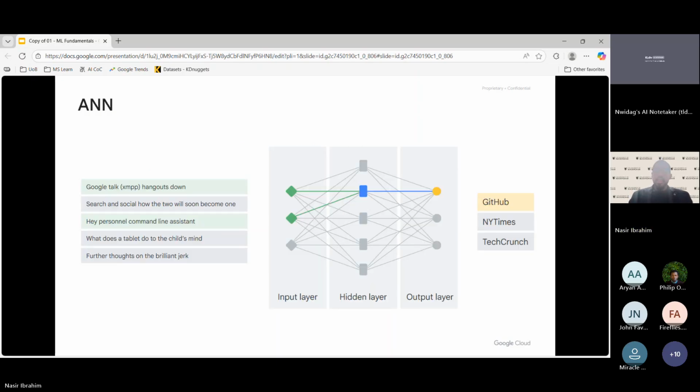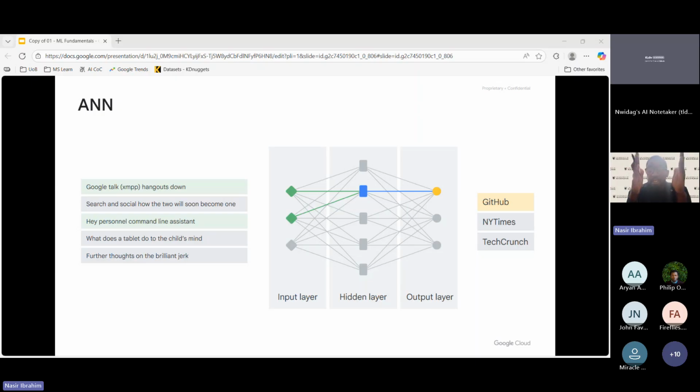Now, if we look at the structure of a neural network, an artificial neural network has three layers that we need to understand, and these are the fundamental layers. So we have the input layer, we have the output layer, and in between that, we have the hidden layers, okay?